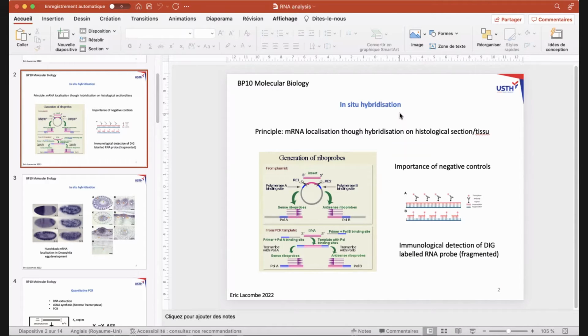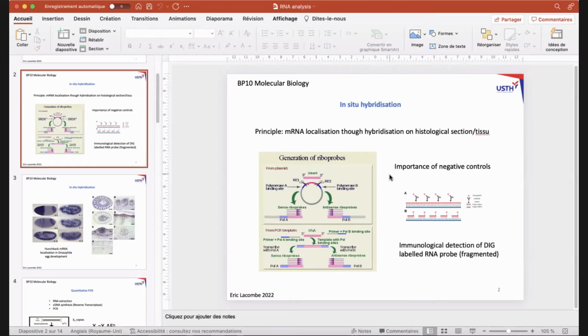So the controls in this type of experiment, in situ hybridization, are very important. I put this slide because if once in your research you are going to do in situ hybridization, you will need to do this. Actually, the controls in in situ hybridization are almost as important as the result.